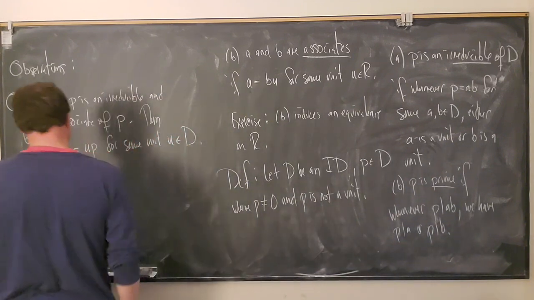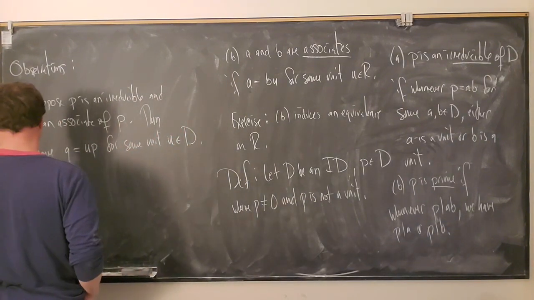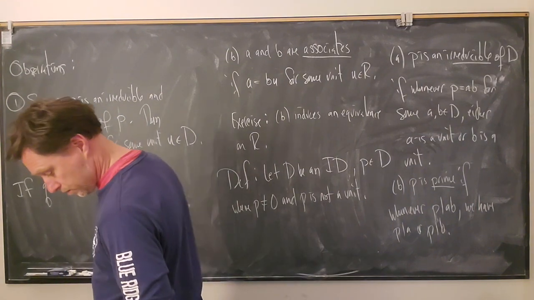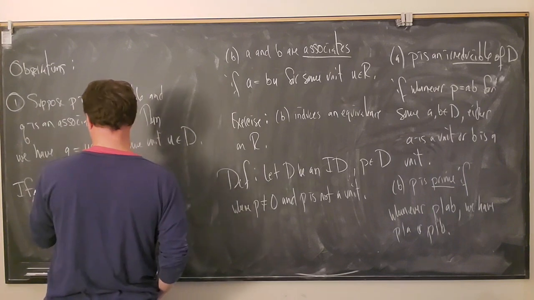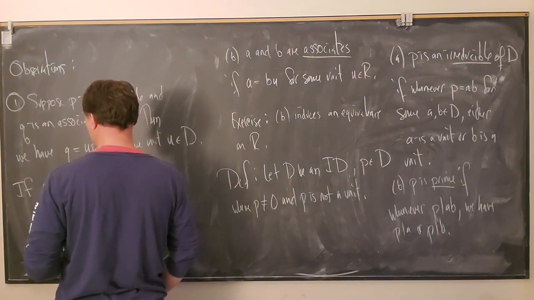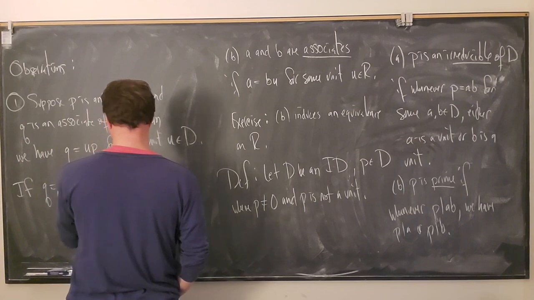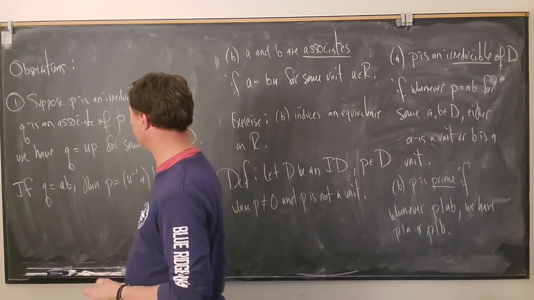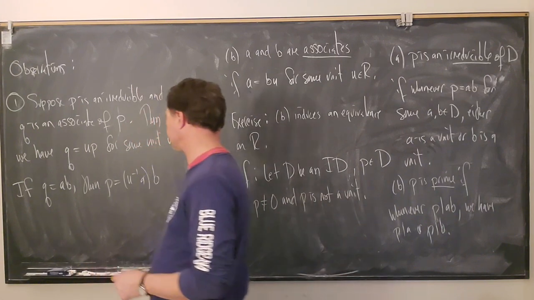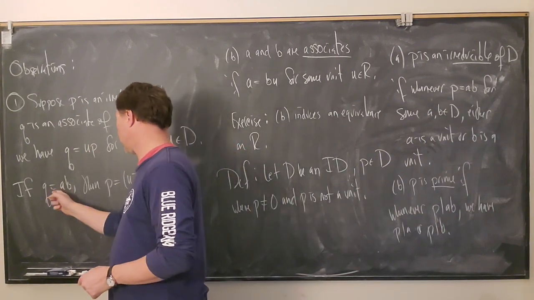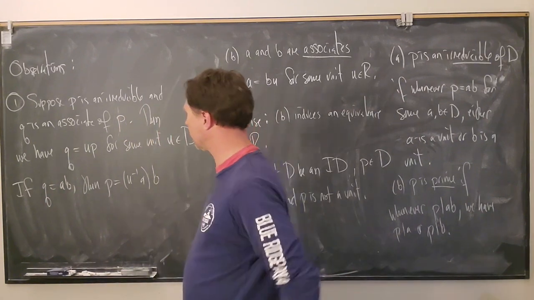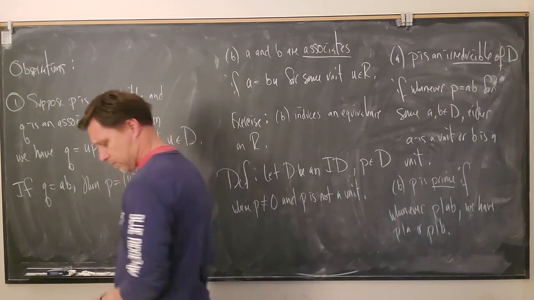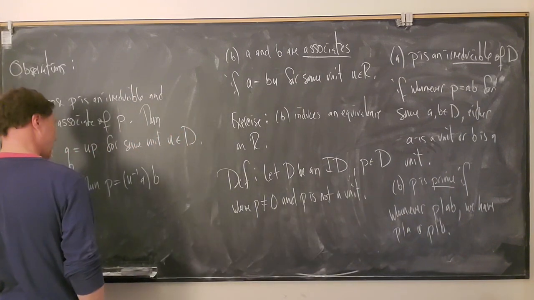Now, suppose that Q factored. So if Q is equal to A times B, then P is equal to, let's say, U inverse A times B. I just substituted, right? Bring the unit over, and then put some parentheses in there. So P is equal to that. So what does that tell us?